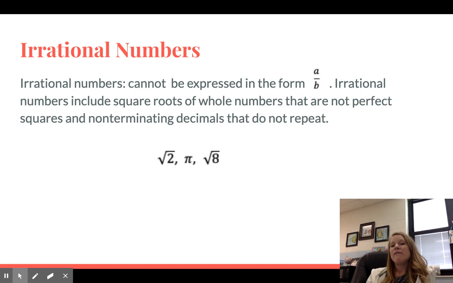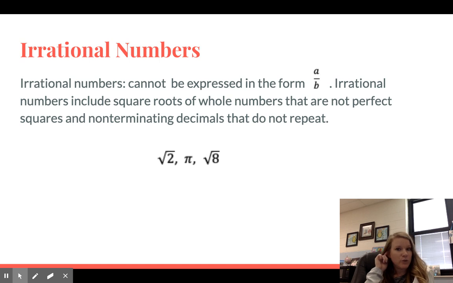You can also have irrational numbers, okay? This is where it cannot be expressed in the form a over b. Irrational numbers include square roots of whole numbers that are not a perfect square, or non-terminating decimals that do not repeat. So we could have radical 2. That is not a perfect square, and if you were to put that in your calculator, you're going to get a whole lot of decimals, and it's never going to stop.